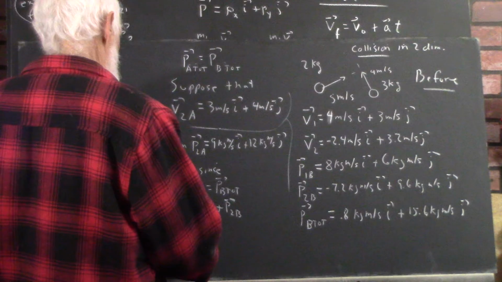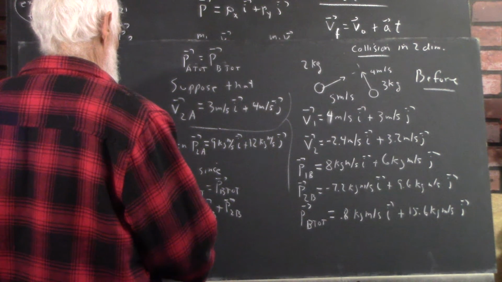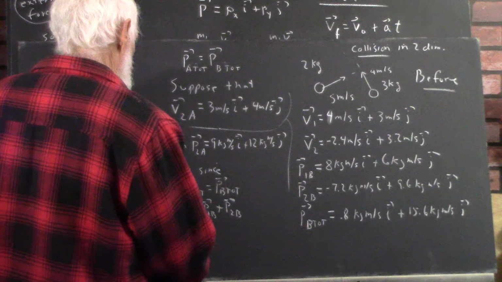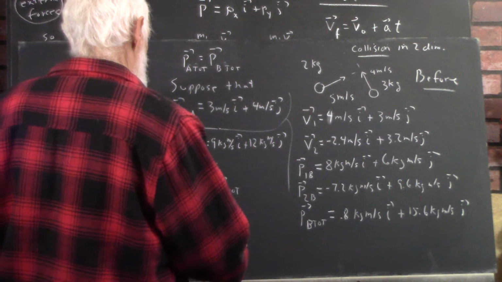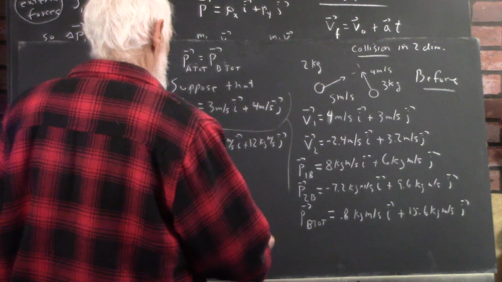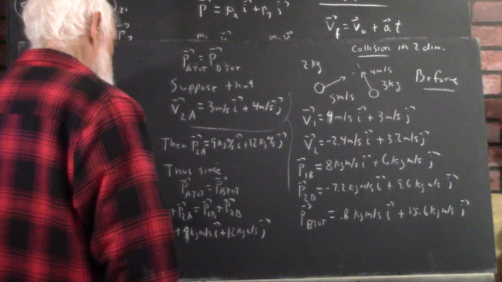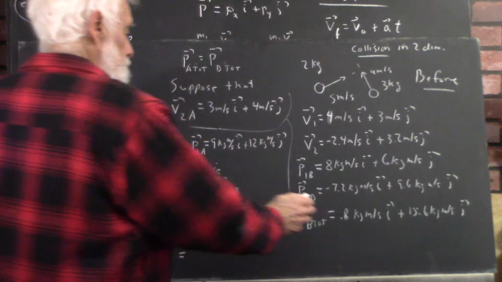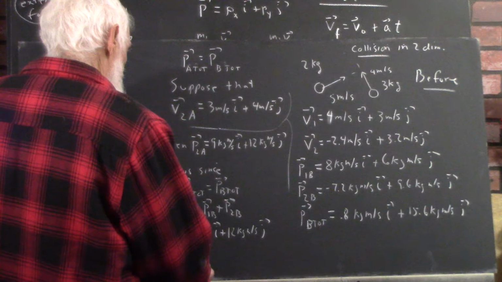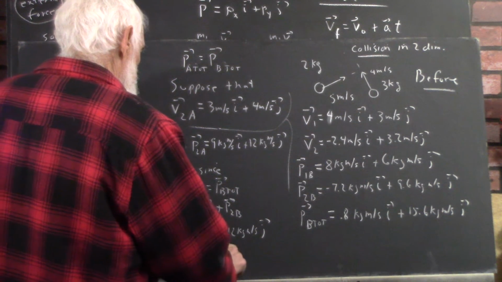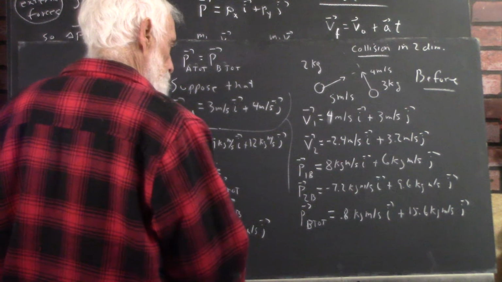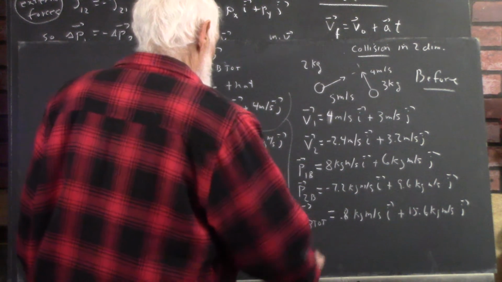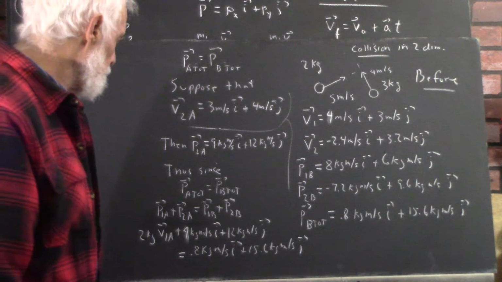P2 after is nine kilogram meters per second I plus 12 kilogram meters per second times J, and that's equal to total momentum after, which is 0.8 kilogram meters per second I plus 15.6 kilogram meters per second times J.